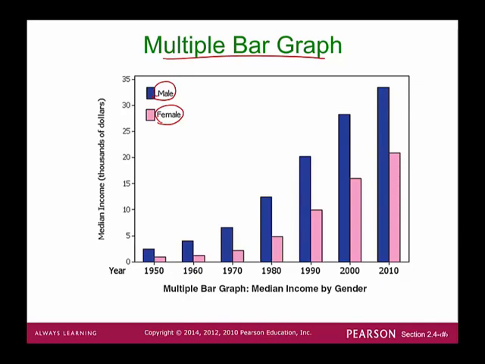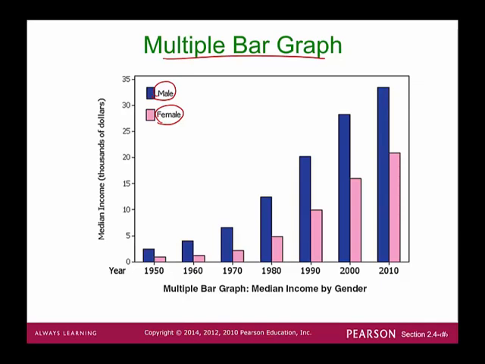So the male workers always earn more income compared to their female counterparts. By presenting the data set in this particular form, you can easily compare the income gap between those 2 genders.